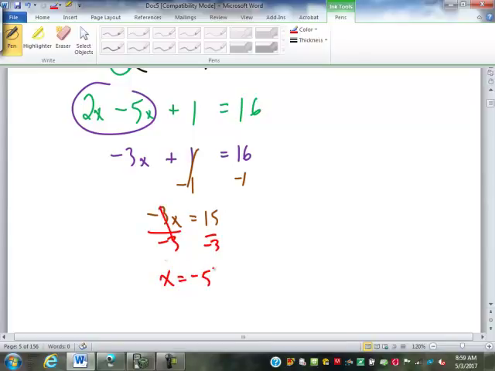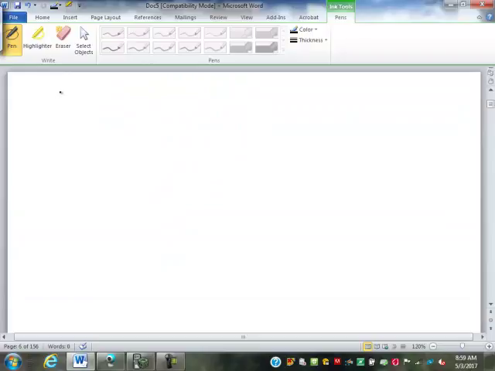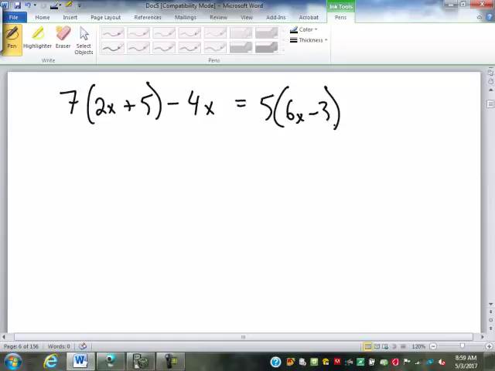Actually goes negative 5. Or we can get a touch more difficult. Just a little bit more difficult.